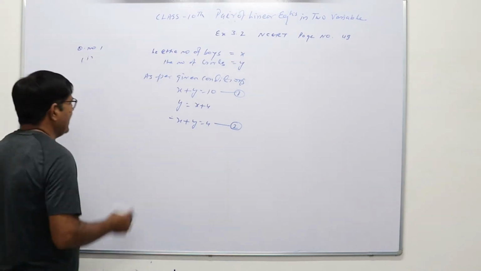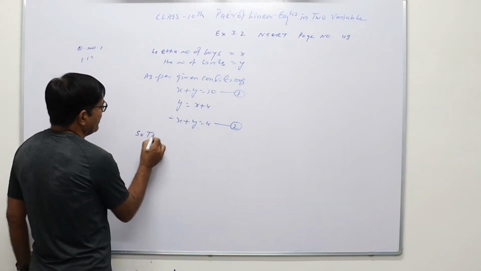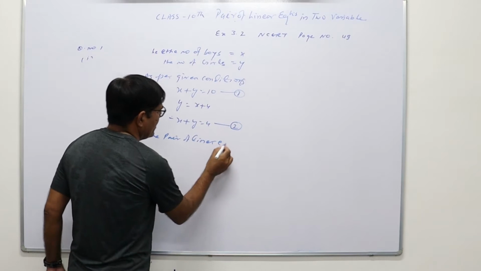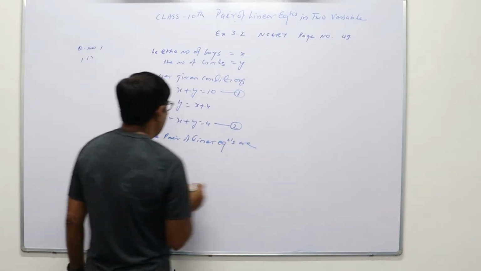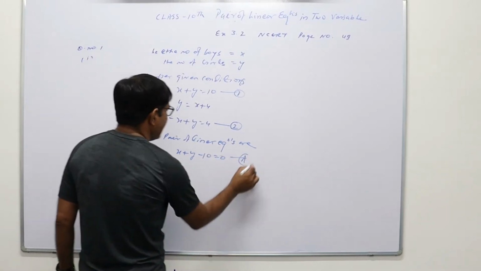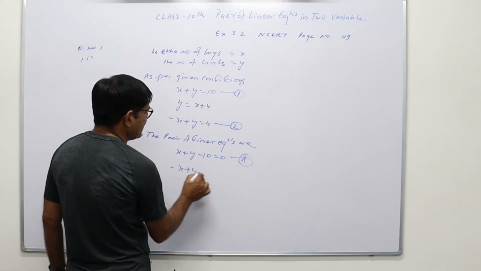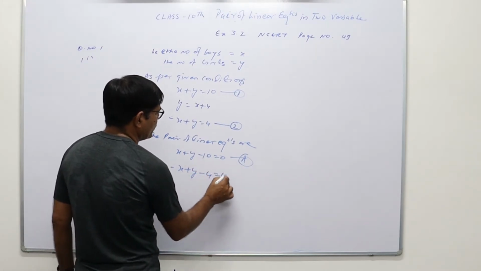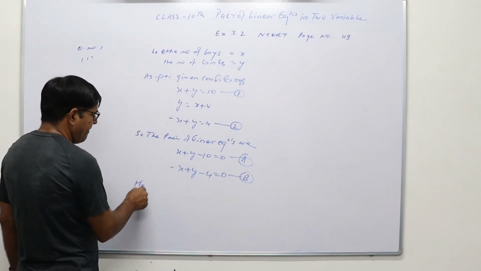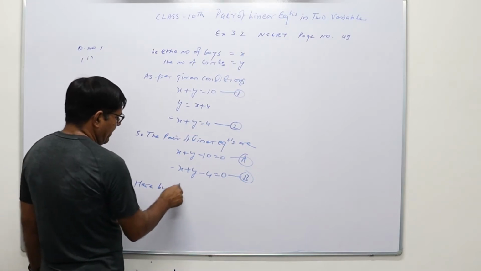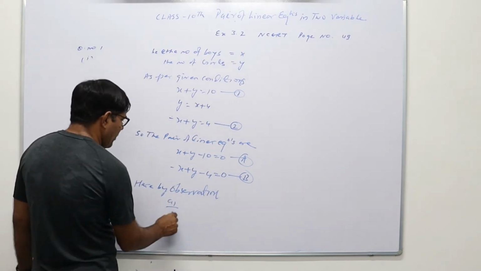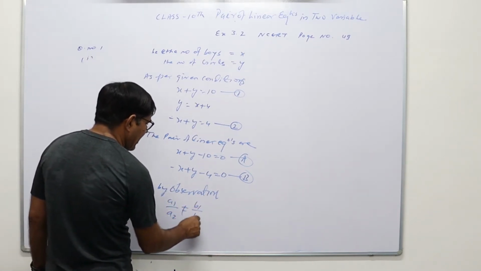Now the pair of linear equations are x plus y minus 10 is equal to 0, let this be A, and minus x plus y minus 4 is equal to 0, let this be B. Here by simple observation, A1 upon A2 is not equal to B1 upon B2.